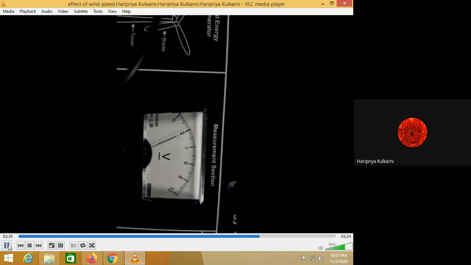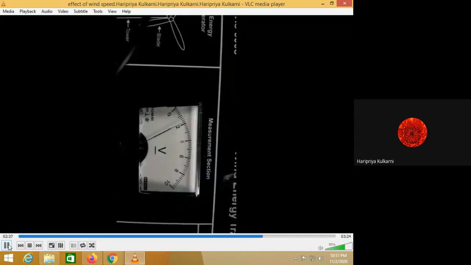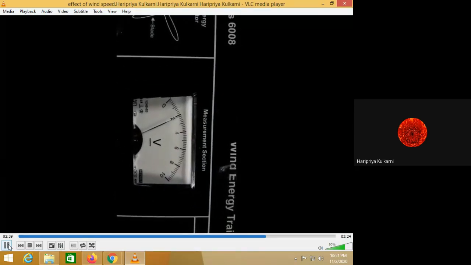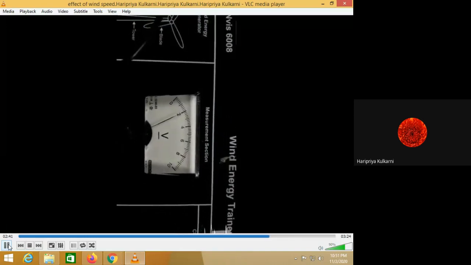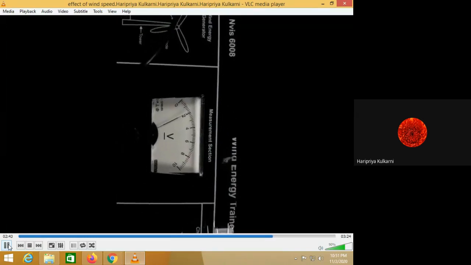Now again I will vary the speed. So it is 1.8. Okay. Yes, it is 1.8.